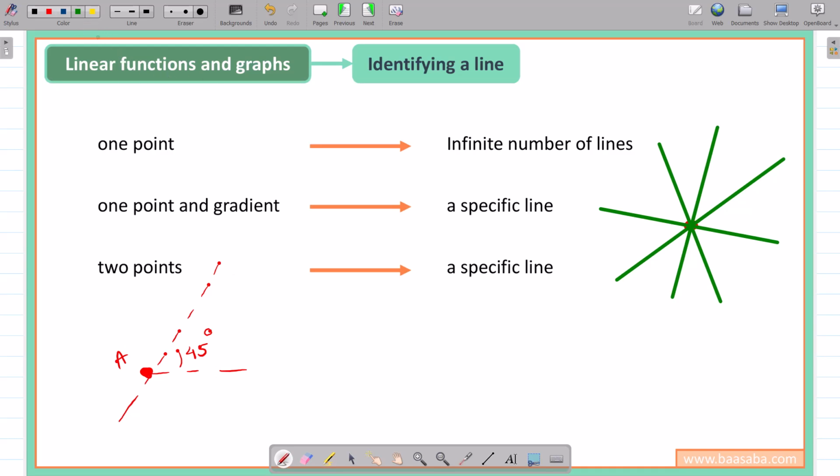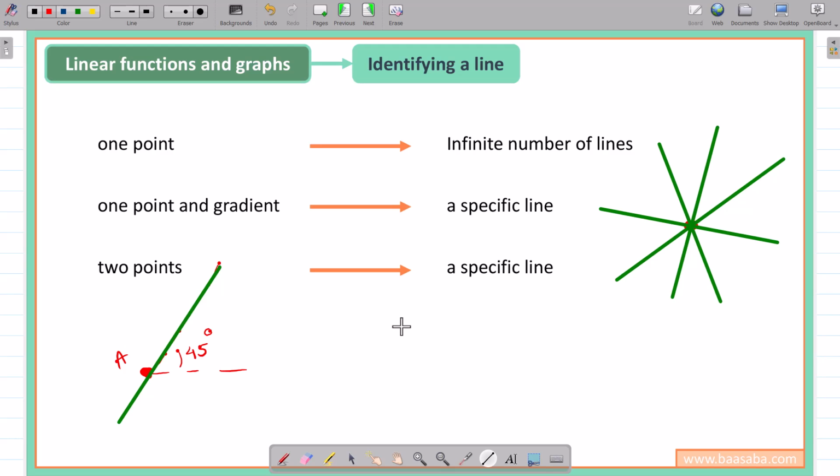So we know there is only one line that passes through this point and has the angle of 45 degrees with the horizon. So 1 point and gradient, which is the same concept as the angle with the horizon or the orientation of the line, let us identify a specific line.